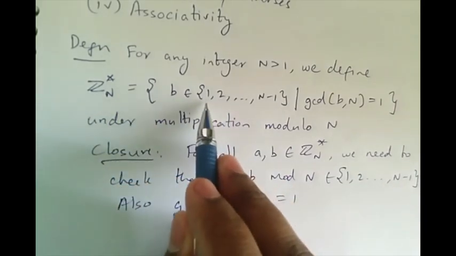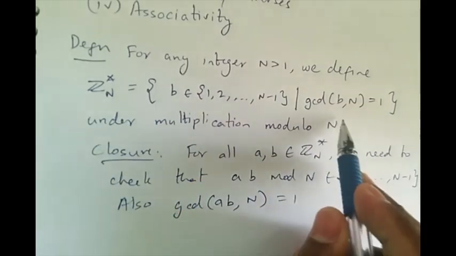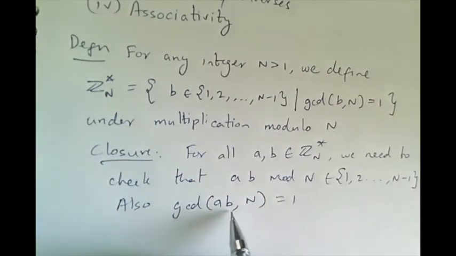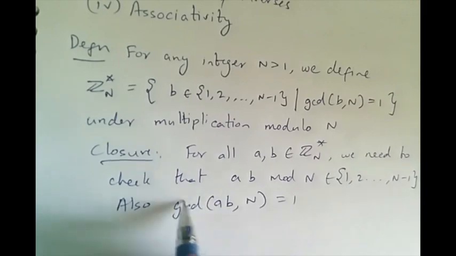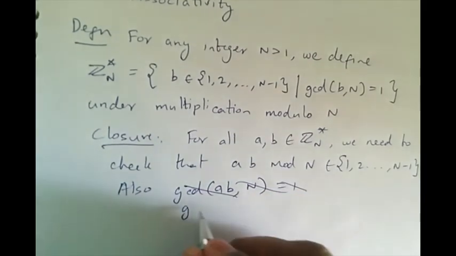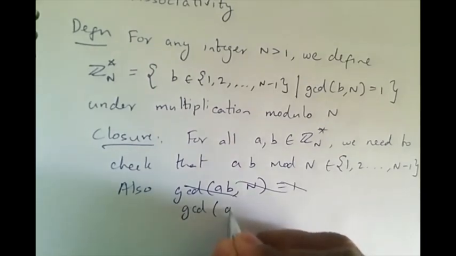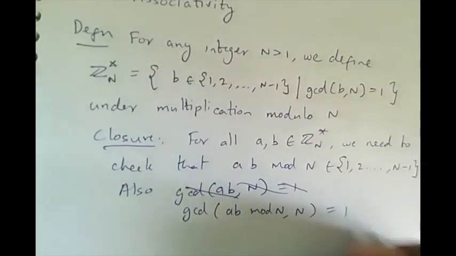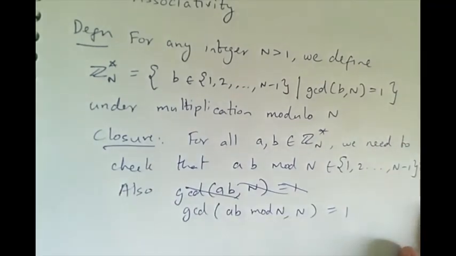So not only should it belong to 1 to n minus 1, but also the GCD of the product. Actually, what I should write is ab mod n here. We need to check that the GCD of ab mod n and n is 1. Okay, that's better.